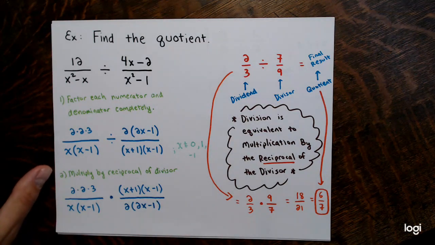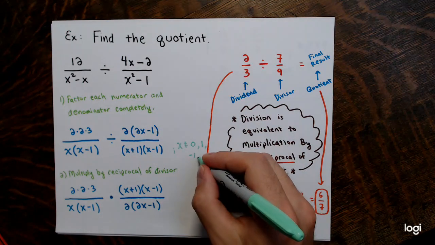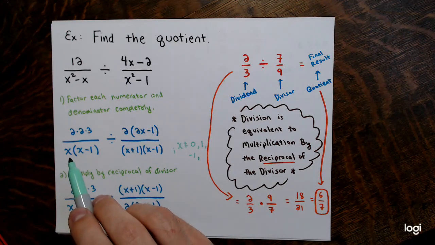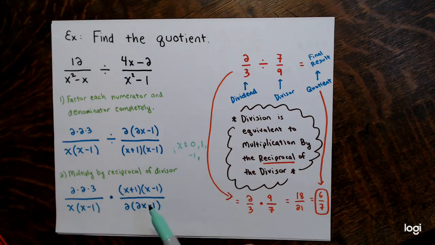Now I'm going to add one more number to the list of numbers we cannot use. So back up here, x can't be 0 because of this factor, can't be 1, can't be negative 1. And when I flip this fraction, you see now I have a new denominator in this second fraction. 2 is never going to be 0, but this factor, 2x minus 1, will be equal to 0 when x is 1/2.